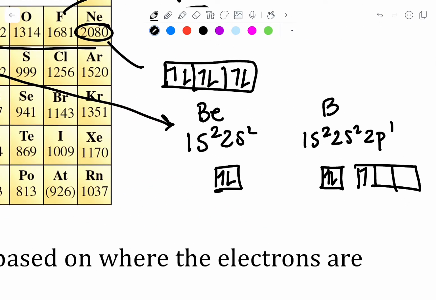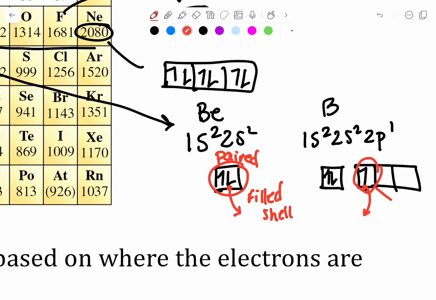So this one electron here is a lot easier to remove compared to, say, this electron here, because these electrons are paired and in a filled shell, whereas this electron is unpaired and in an unfilled shell.